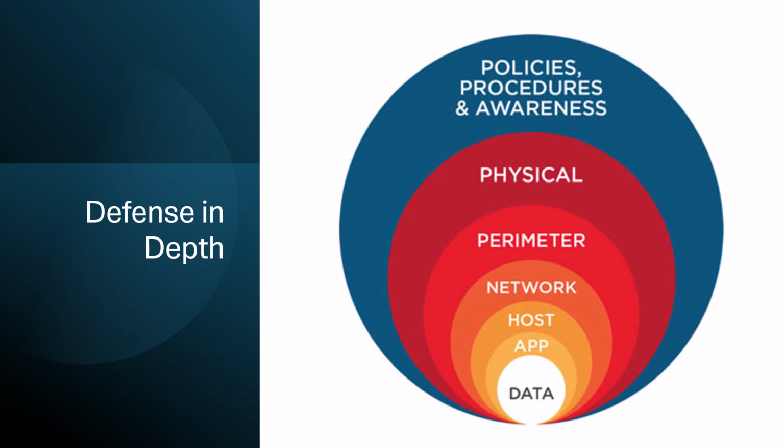What I wanted to emphasize is that defense in depth has been in place for a long time, and again, we have more and more attacks. But the idea is that in cybersecurity, the main goal is to protect data. This is what we really need to protect.